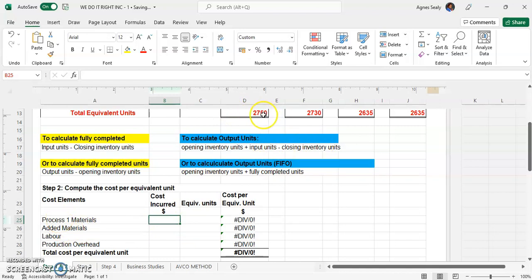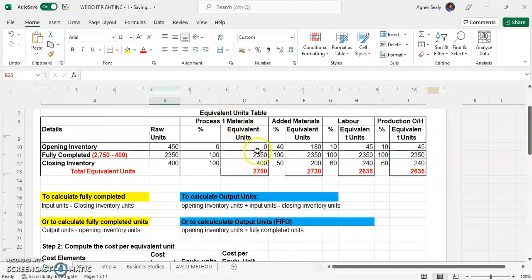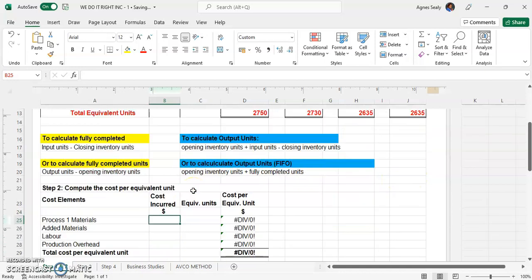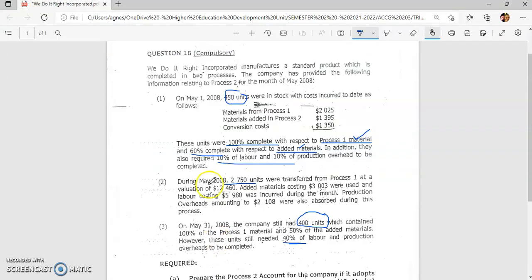And the total equivalent units are listed here in our equivalent unit table. As mentioned previously, for process 1, $27.50, added materials $27.30, labor $26.35, and production overhead the same $26.35. But what are the costs incurred? Let's look at the question.